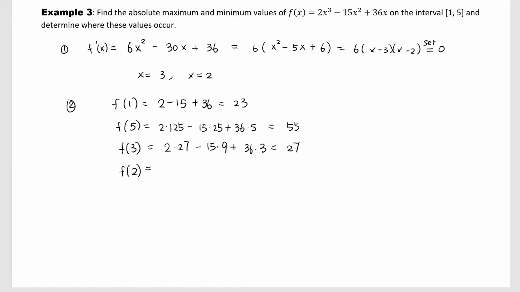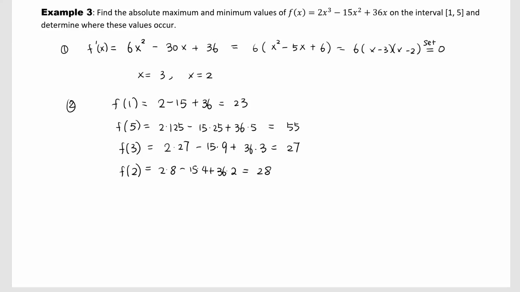F of 2: 2 times 2 cubed is 8, minus 15 times 2 squared, which is 4, plus 36 times 2. Plug this in your calculator. What do you get? We have 28.